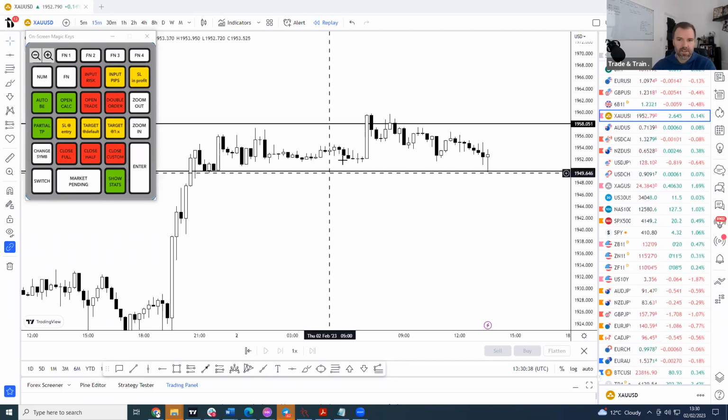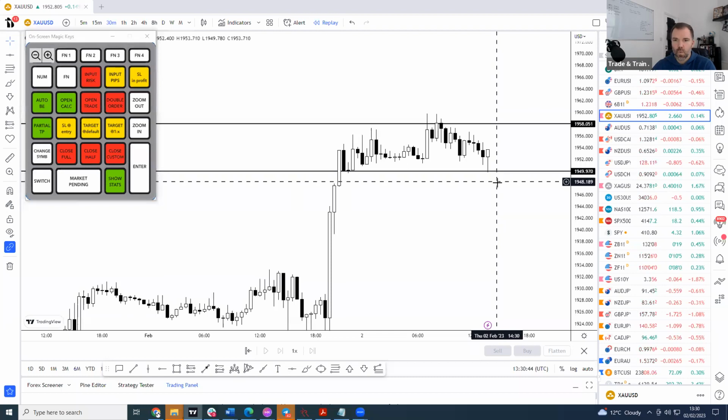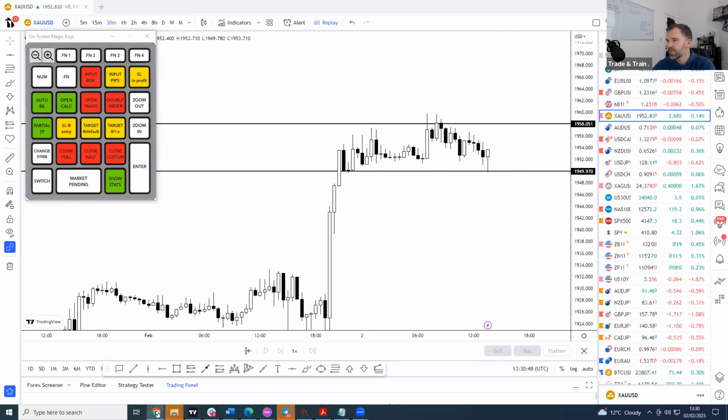Right. The importance of waiting for a close. Let's have a look, see what the numbers were. Forecast was 196,000 and it's coming at 183.